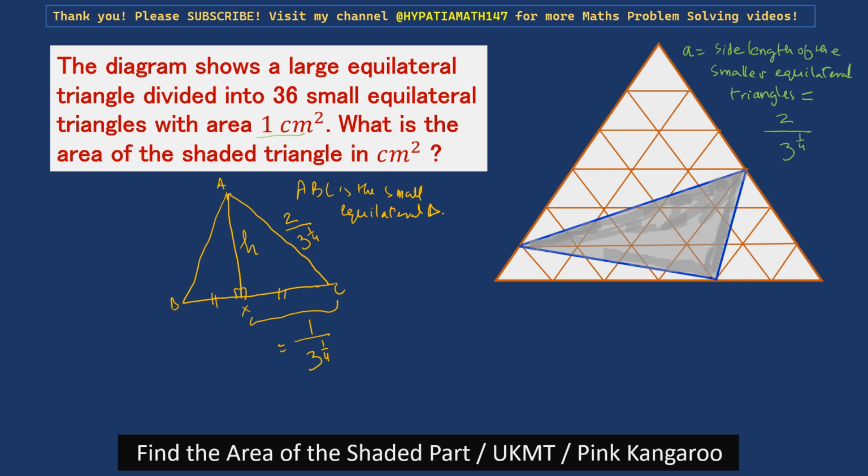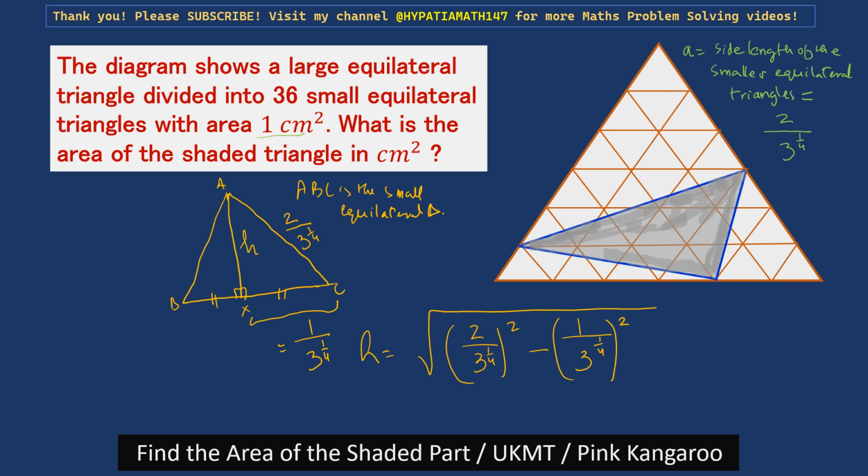So then H would be the square root of, let me write it nicely, H equals the square root of 2 out of 3 to the power 1 out of 4 whole square minus 1 out of 3 to the power 1 out of 4 whole square.